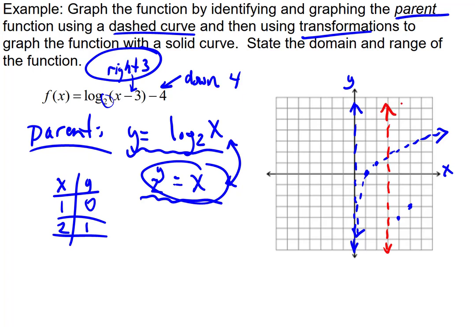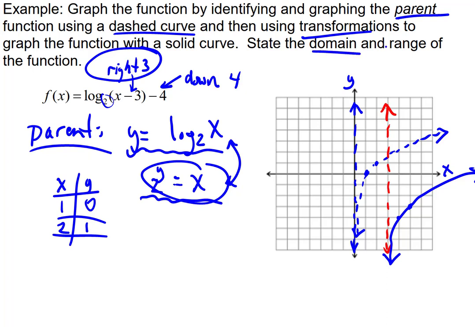So it's really the line x equals 3, which is a vertical line. That's the final asymptote. Then, as we've already graphed our points that are translated right and down, we now want to connect them to form a solid curve, which will be our final graph. It will mimic the shape of the parent function, but now it's bound by the vertical asymptote, and of course it uses the new points.